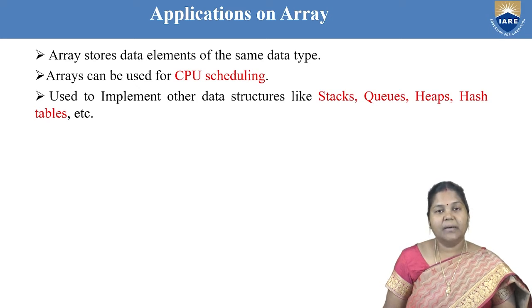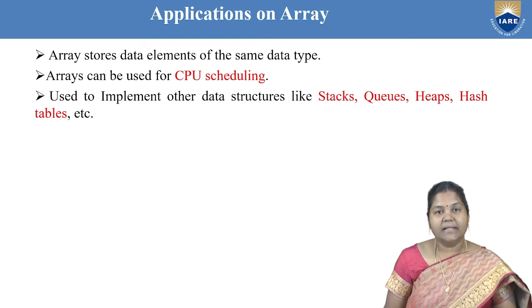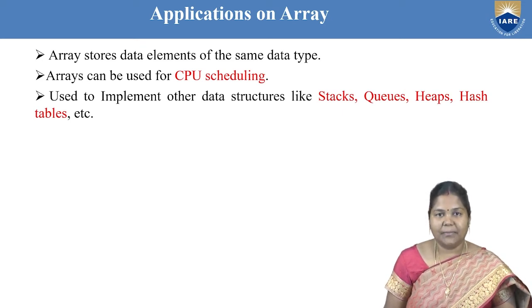So whenever in any application you want to store a bulk amount of data of the same type, go for the array concept. Second, arrays are popularly used in CPU scheduling mechanisms, where you can store the process times, the arrival times, and the waiting times of the processes in different arrays. Next, arrays are also very popularly used to implement other data structures like stacks, queues, heaps, hash tables, and so on. So arrays can be used in multiple applications.